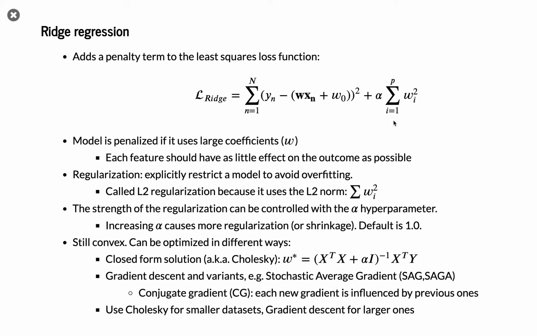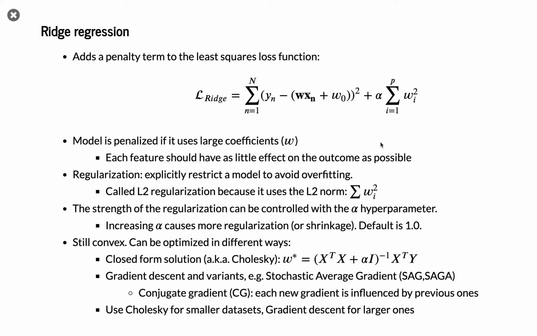We add a component which computes the sum of the squares of the weights times an attenuation factor alpha. This means that whenever you have a model with large values for the weights, the loss will increase a lot. If you find a model which is equally good but has smaller weights, then this is preferred. We'll have a lower loss.